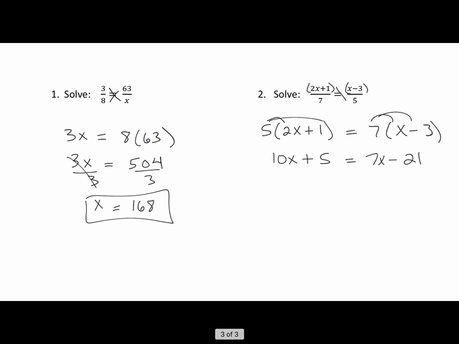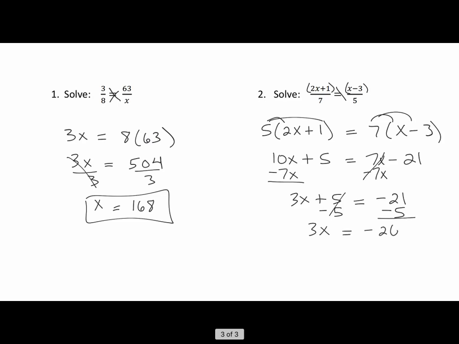So I can see that this is a linear equation because the exponents of the variables are just 1. So I'm going to get the variable terms on the same side by opposite-ing the 7x. Subtract 7x from both sides, then I'll have 3x plus 5 on the left, minus 21 on the right. Then I want my number terms to be on the same side, so subtract 5 from both sides of the equal sign.